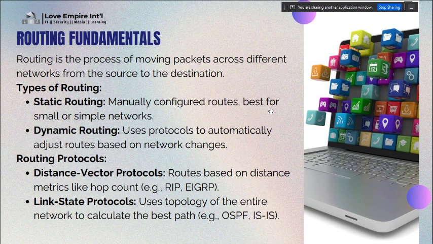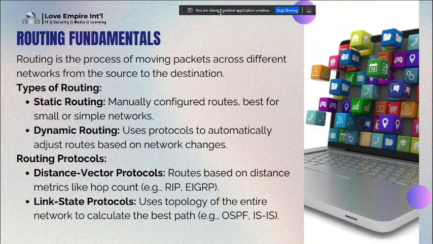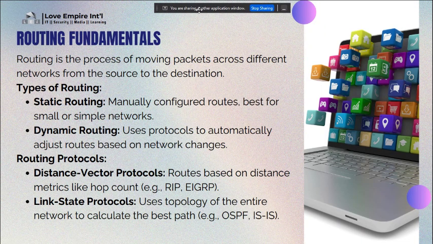Normally when we talk about communication, whether you are speaking to somebody or however you're communicating, there's always a source and there's always a destination. What routing does is look for the best possible way that your data can move from the source to the destination where it is supposed to reach.